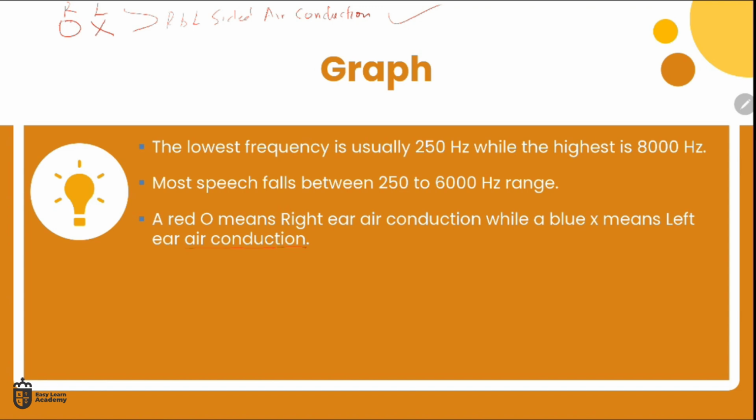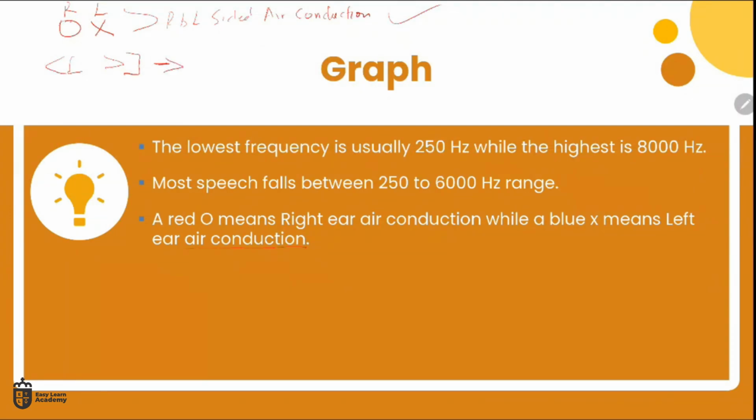Now, what of bone conduction? We've seen air conduction. How about bone conduction? When it comes to bone conduction, the story is different. The signs are not the same. You can either see this sign or this sign, what we call a less than and a greater than sign.